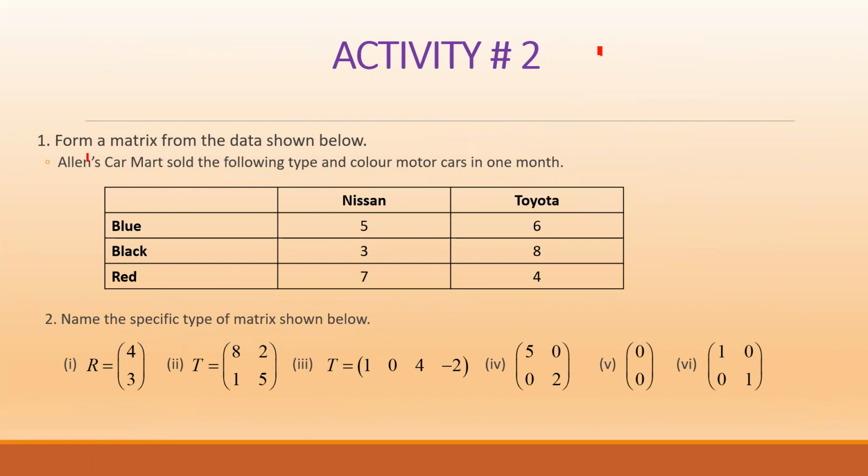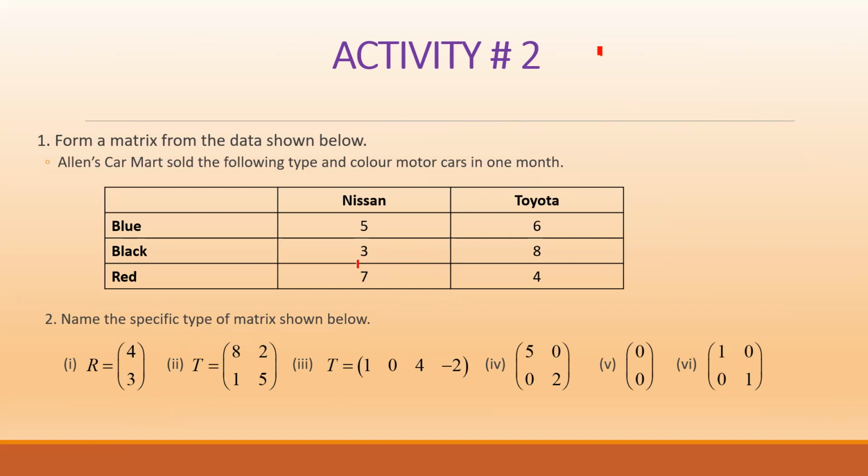Basically, you're going to form a matrix from the data table here. You can give it a name. You could call it matrix C or matrix A. However, the elements in the matrix must be the same for everyone who is doing this question.